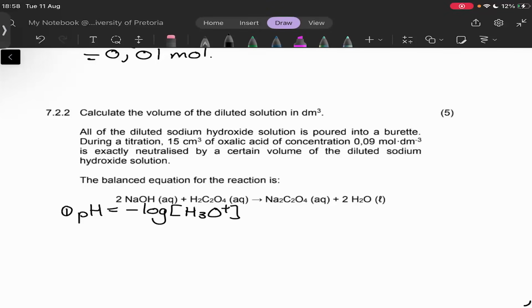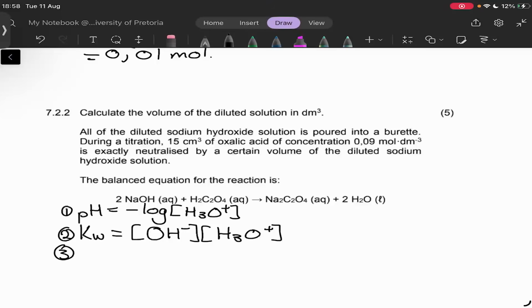Number 2, I now look at Kw, and I know that Kw is equal to my concentration of hydroxide ion multiplied by my concentration of hydronium ion.